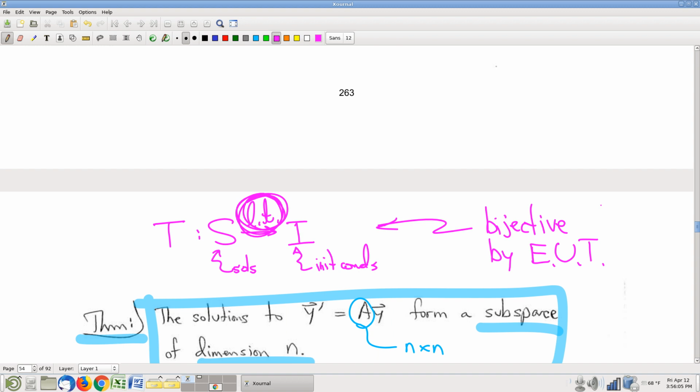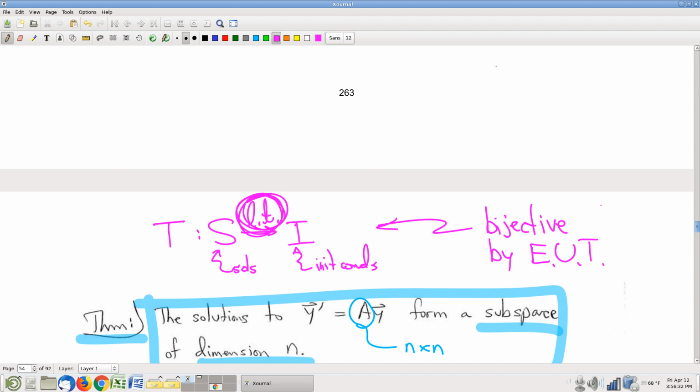Let me say that a little bit differently. For every output, there is exactly one corresponding input. That's what bijective means. So what we have here is, you write down an easy formula for a linear transformation. Check that it's linear. Very short, very easy to do. Observe that it is bijective by the existence and uniqueness theorem.